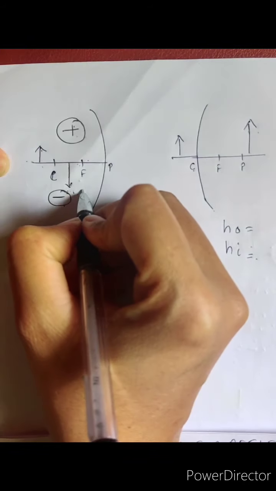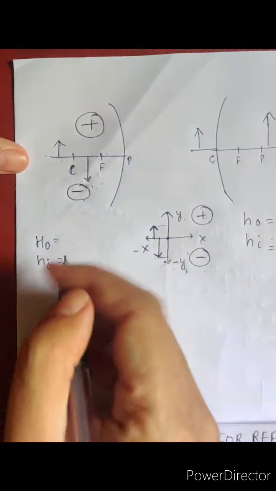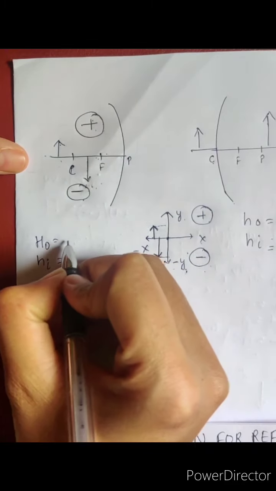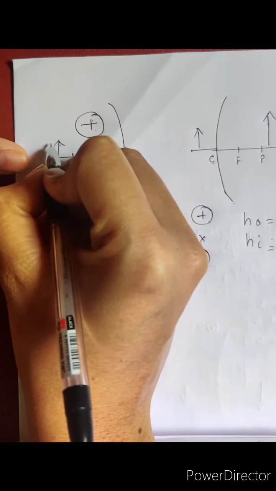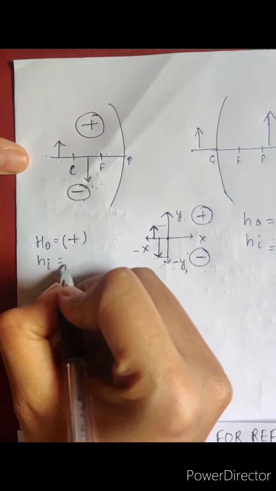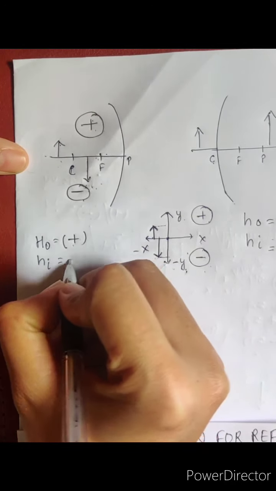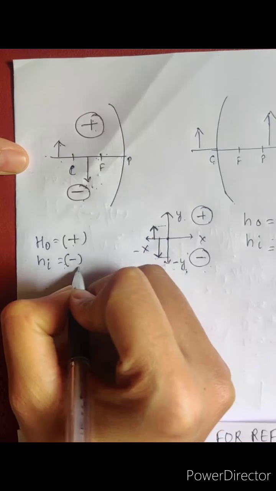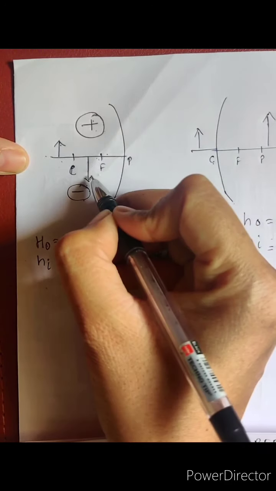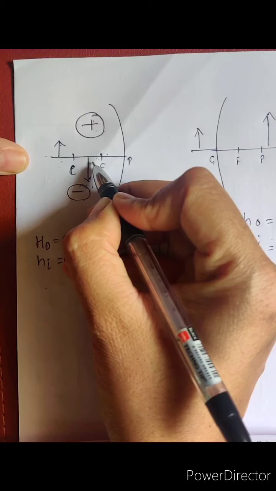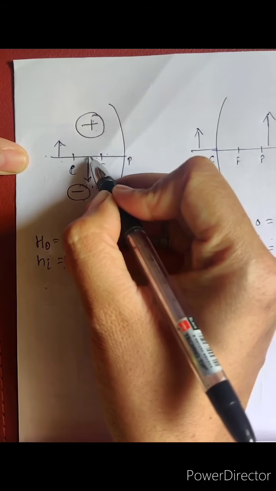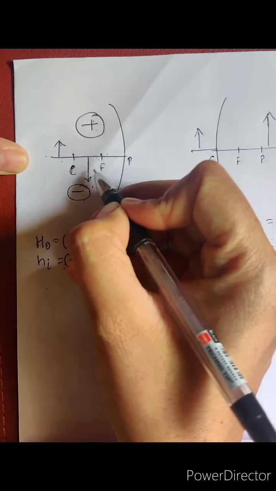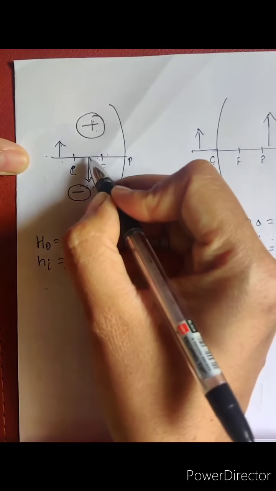Okay, this is the concave mirror. Now see here, in the case of concave mirror, height of object will be positive as it is present above the principal axis, while height of the image in most of the cases will be negative, as you can recall that in the majority of cases, the images we were getting were inverted images.